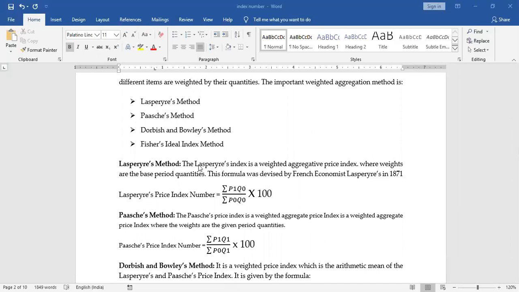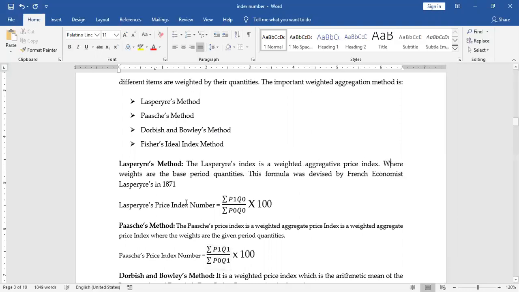Laspeyres' method is used in the weighted aggregate price index, where the weights are the base period quantities.